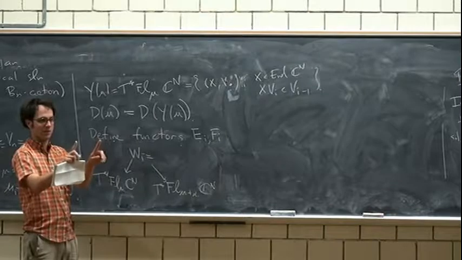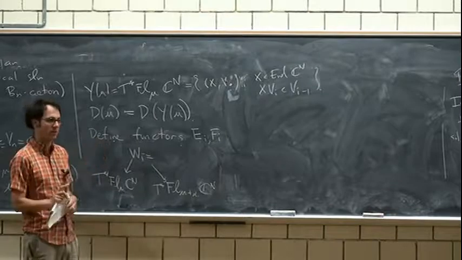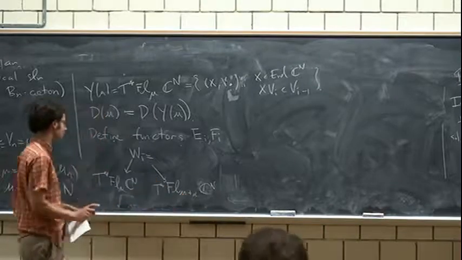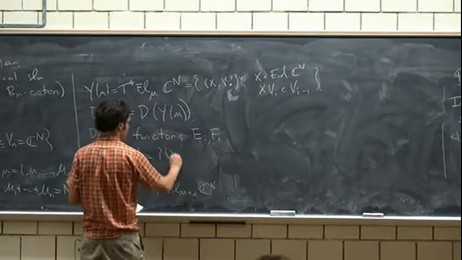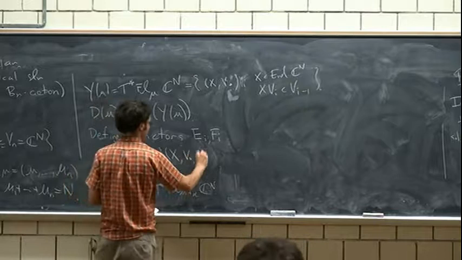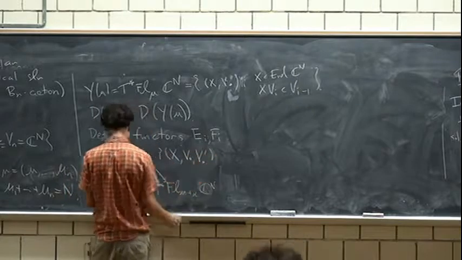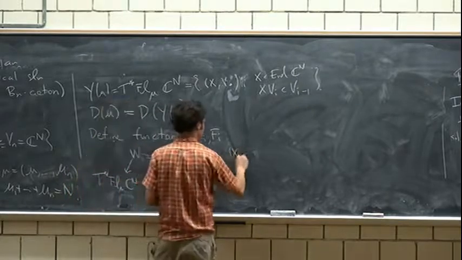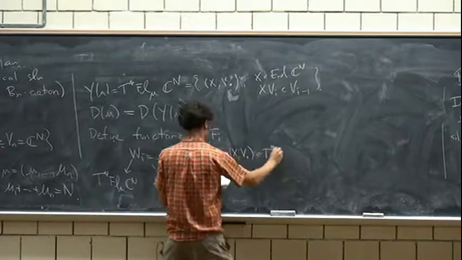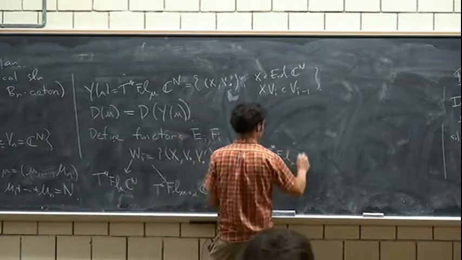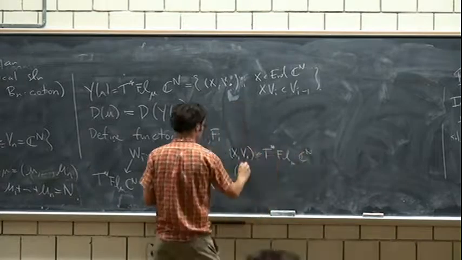That makes the jump at the ith spot one bigger and the jump at the next spot one smaller. That's this alpha I. So this W_i will be a correspondence, given by triples (x, V prime, V dot) such that (x, V dot) is in the cotangent bundle of the flag variety in C^N.